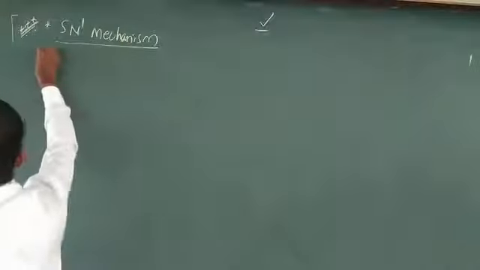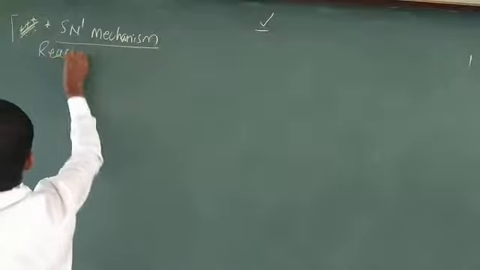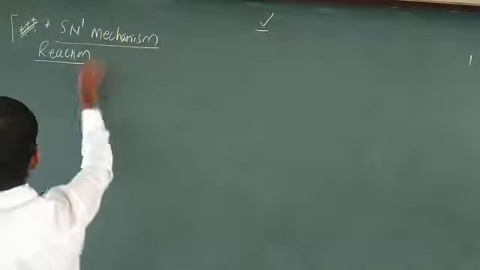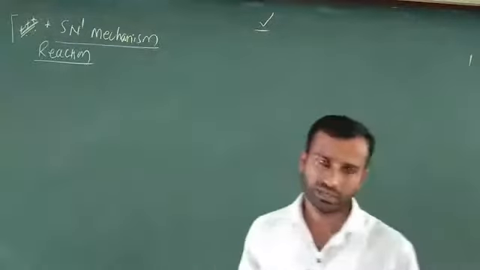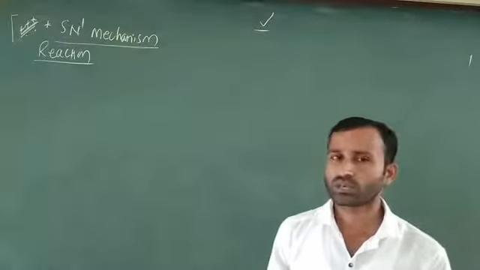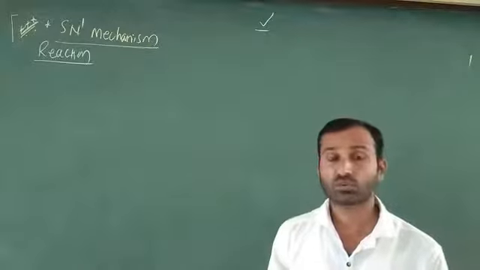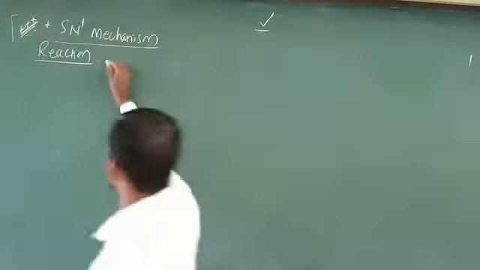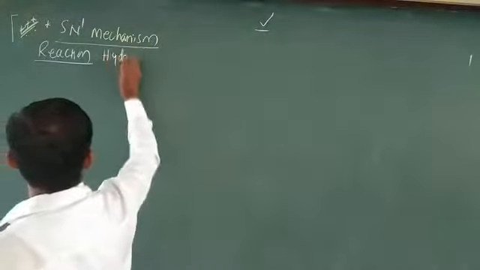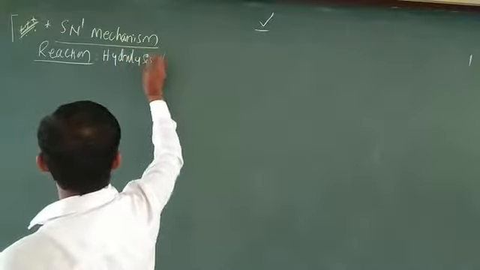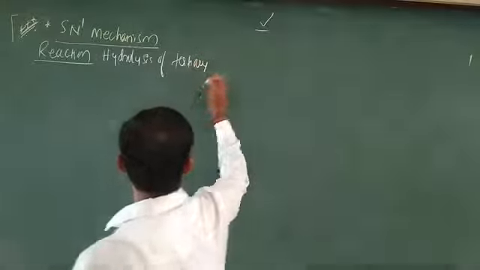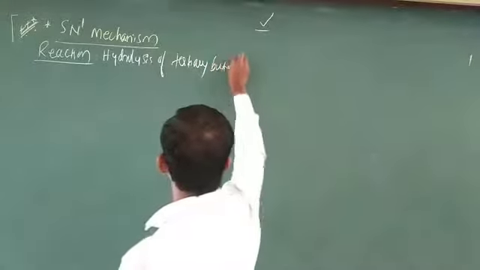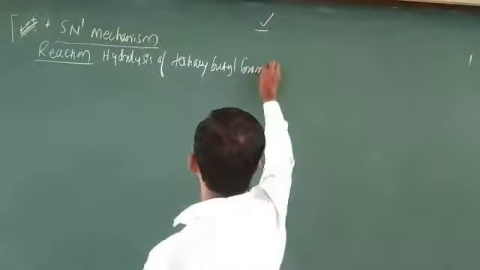In this case, I am going to take a reaction. What is the starting material? They are going to consider tertiary butyl bromide. The reaction is the hydrolysis of tertiary butyl bromide.